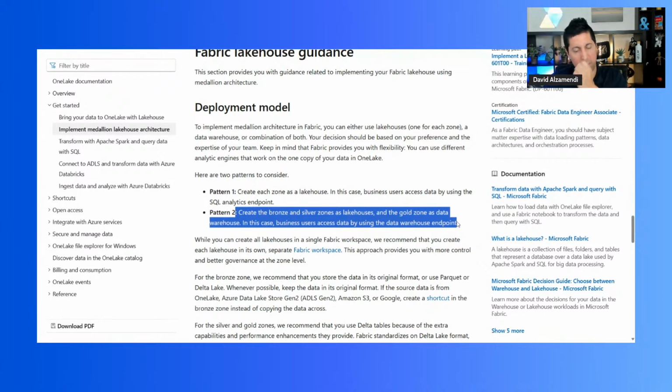Now, what's the difference? We're going to look at this next week, but basically it comes down as well to many of your transformation needs. How you're going to transform the data. Are you going to be using notebooks? Are you going to be using stored procs for transforming the data?